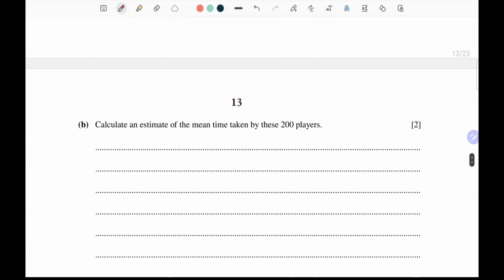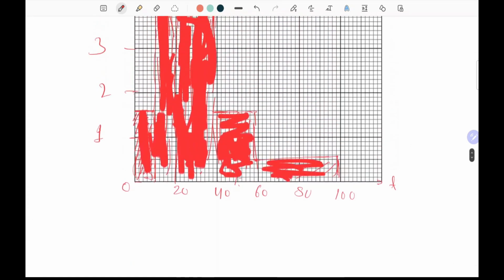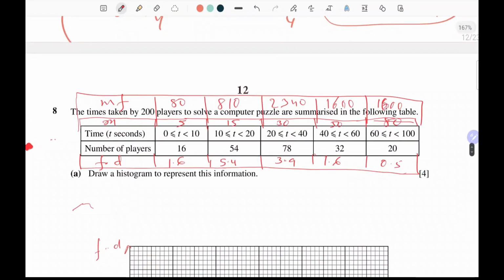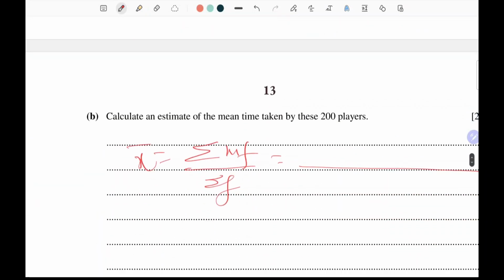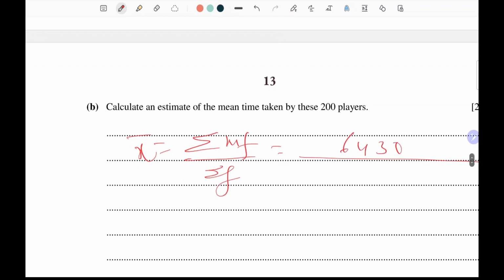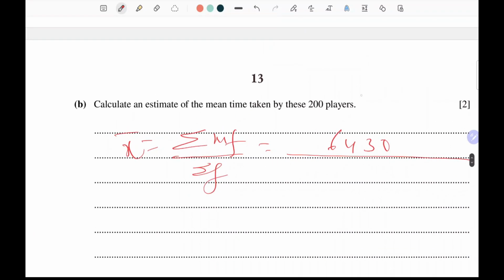Now guys, the estimation of the mean is sigma MF over sigma F. So for sigma MF, we just have to add these. I'm adding in my calculator here. So that is 80 plus 810 plus 2340 plus 1600 plus 1600, that is 6430. And the sum of all frequencies is given, 200 players.